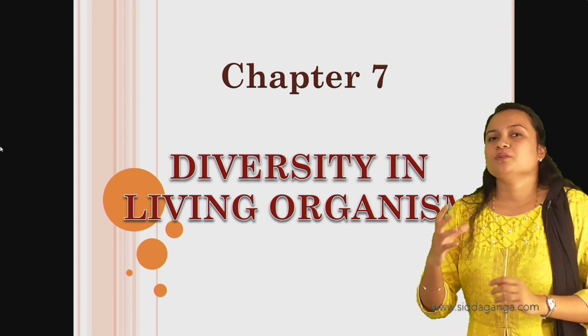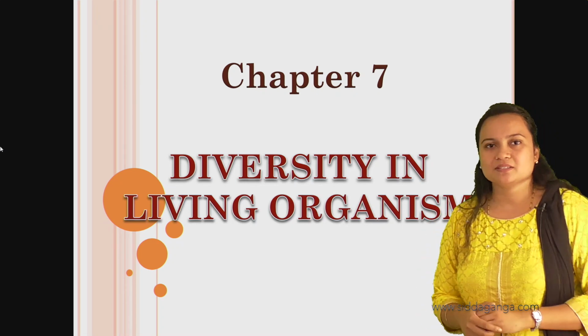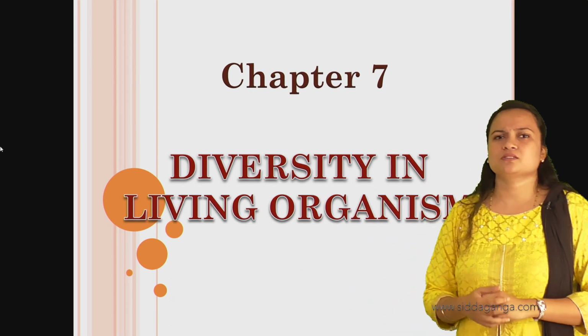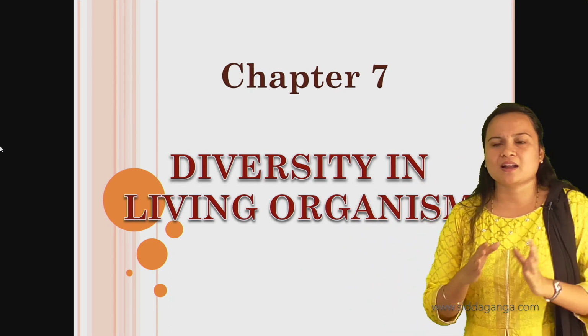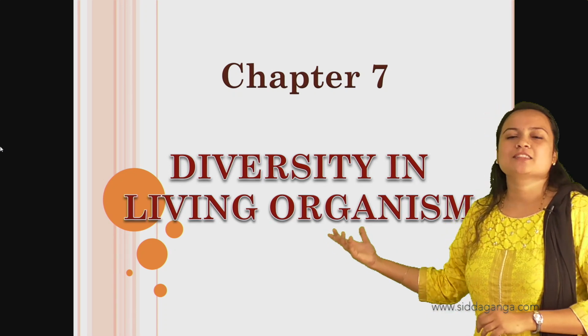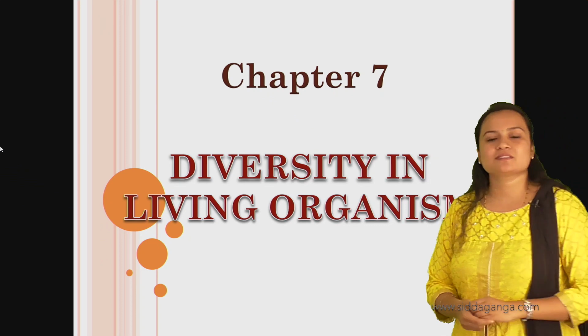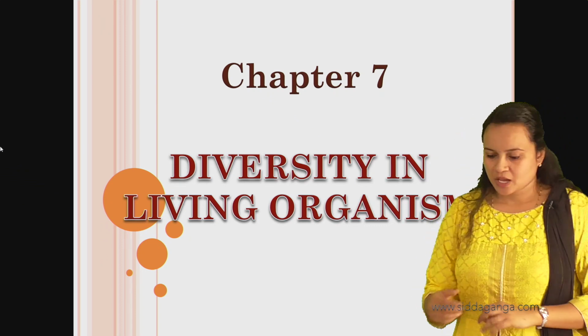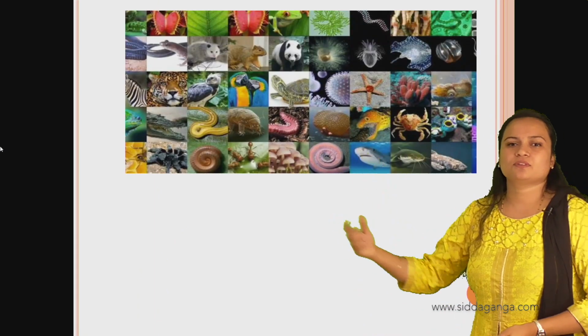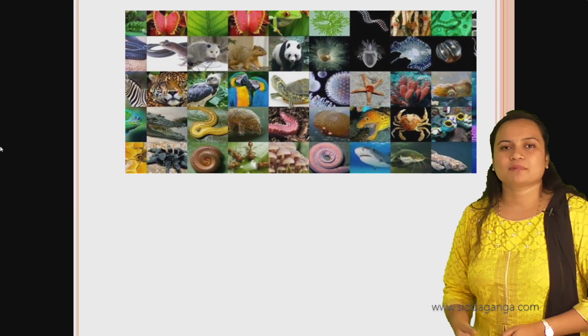So what do you think? What is diversity then? Why are these organisms so different from one another? Can't they be the same? Let us discuss that in this chapter, diversity in living organisms. Notice there are so many different varieties on our planet.